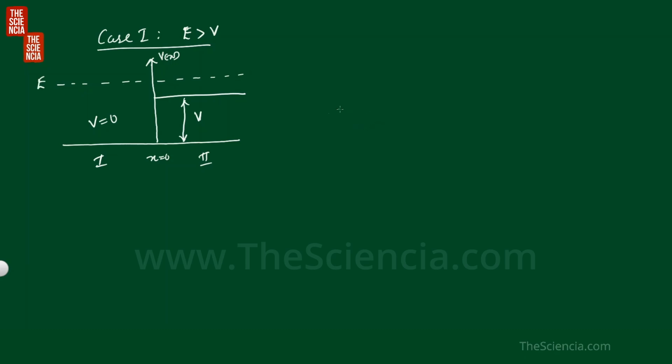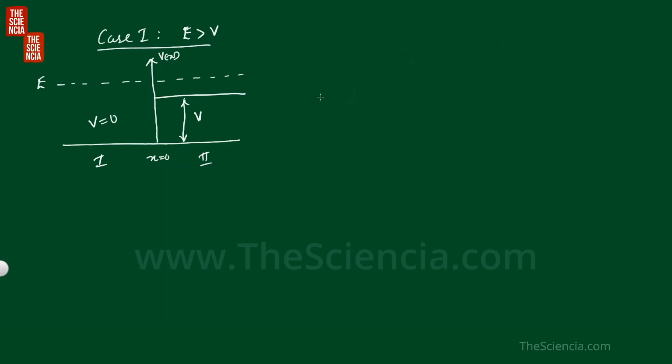This is similar to a real life case, that is, there is a step and this is you. Okay, see, this is the potential V and you have sufficient energy to jump over this step. So you can jump over this step, that is, your energy is definitely greater than the potential of the step. Okay, this is the case.